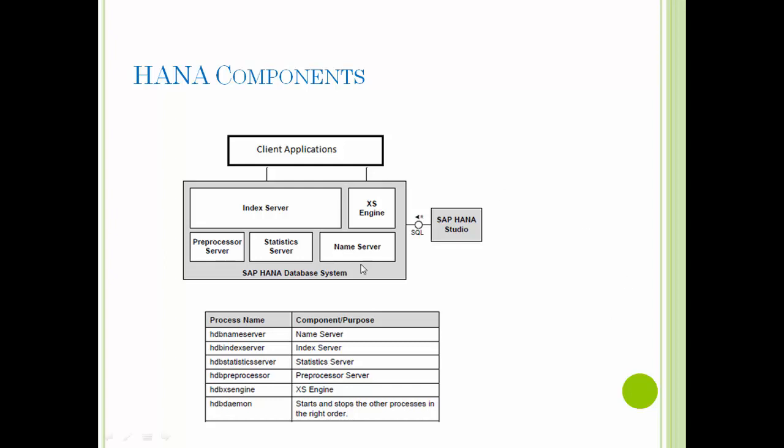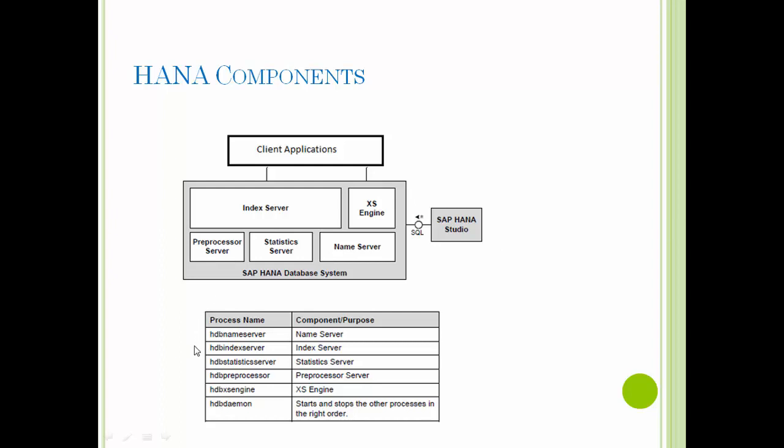And this SAP HANA Studio accesses the SAP HANA database via SQL interface using an SQL port. So we can do development activities, administration activities, modeling activities, replication activities using SAP HANA Studio.